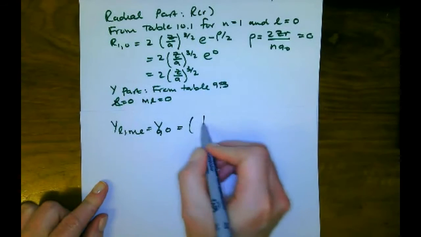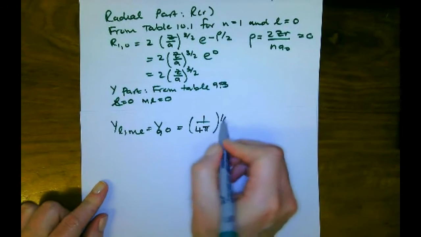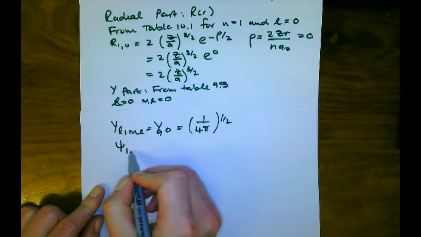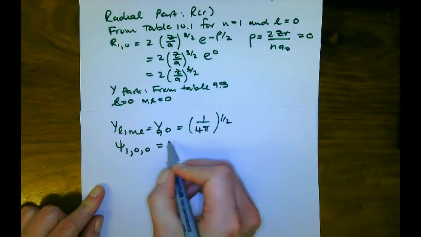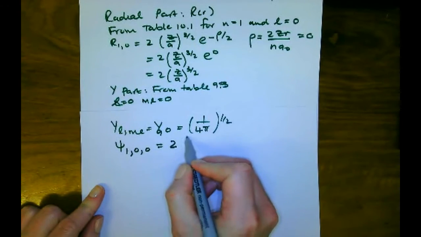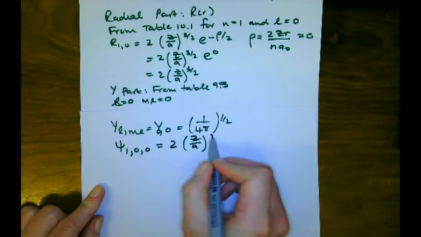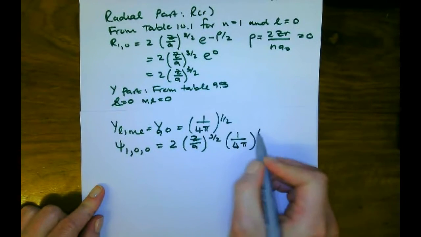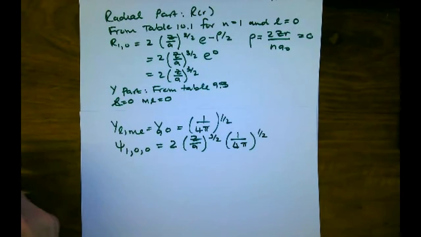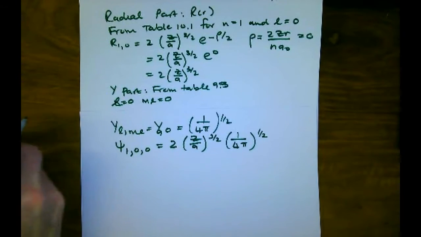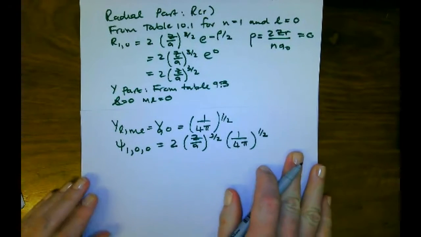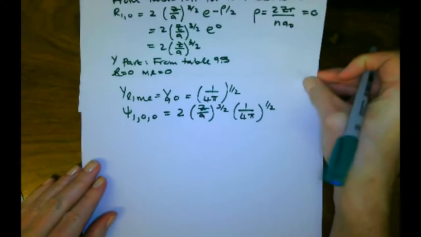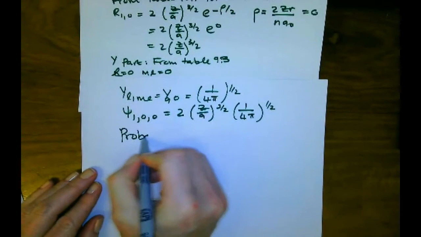So the wave function of that electron is 2, but it asks us for the probability density, which is the square of the wave function.